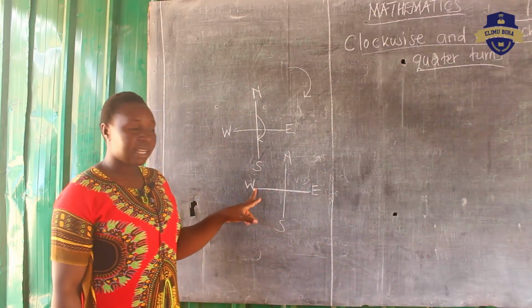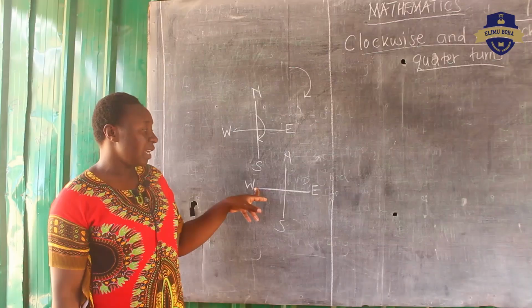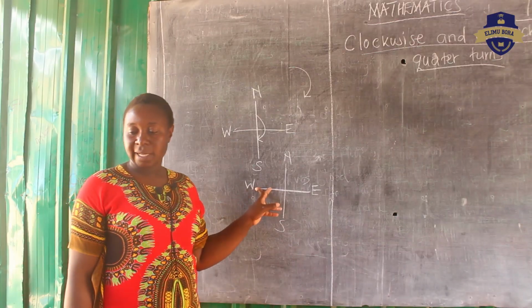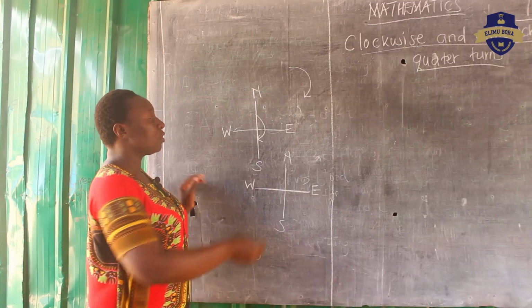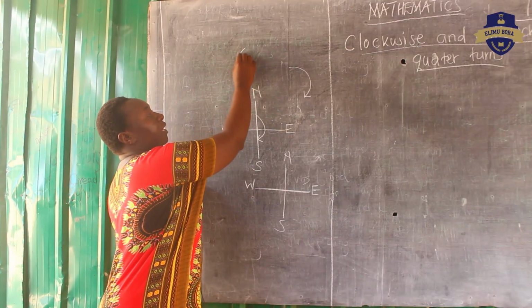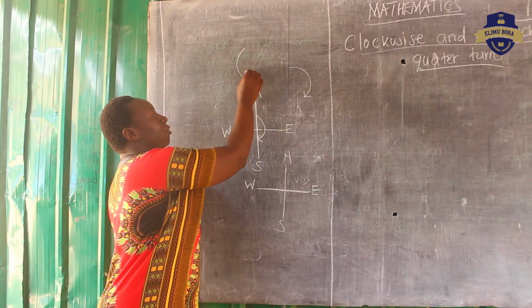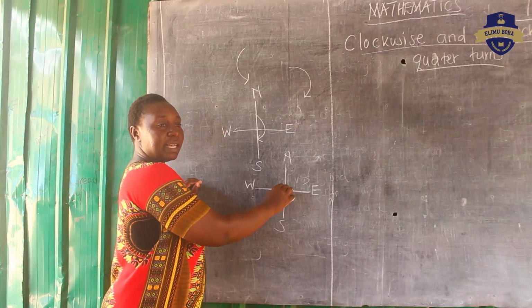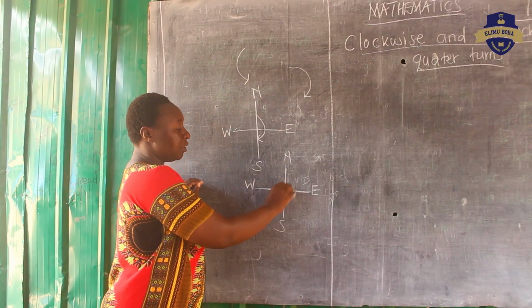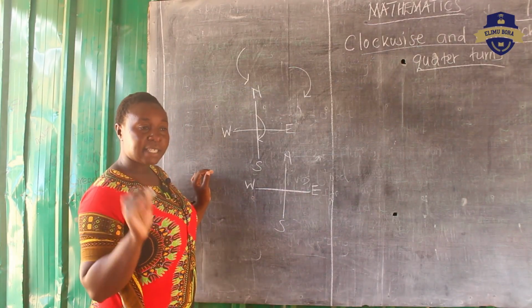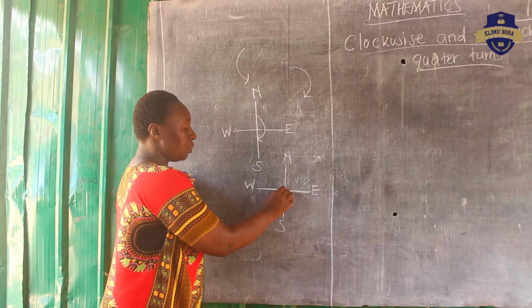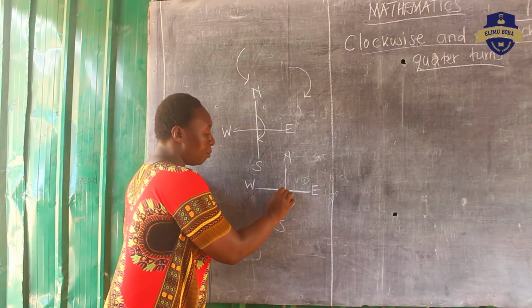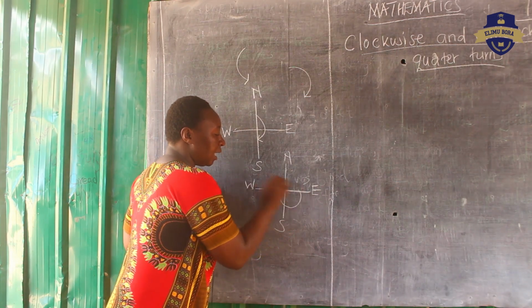Another example is here. Maybe somebody is standing at west, then you are being instructed to make a half a turn in the anticlockwise direction. So you know that when you are moving in anticlockwise direction, you move that way. You stand in the west, then you move anticlockwise like that.